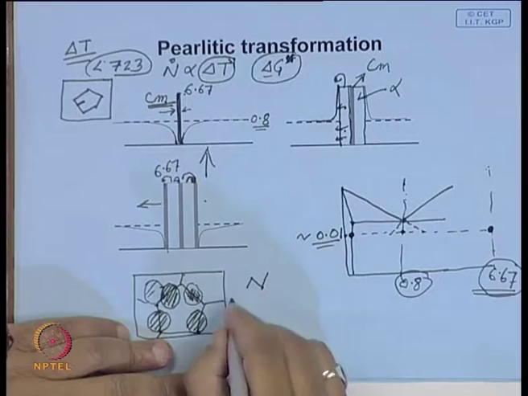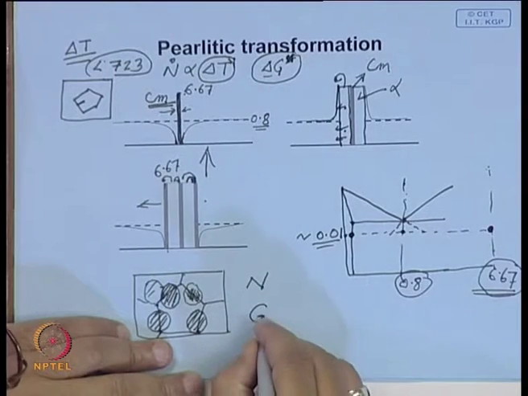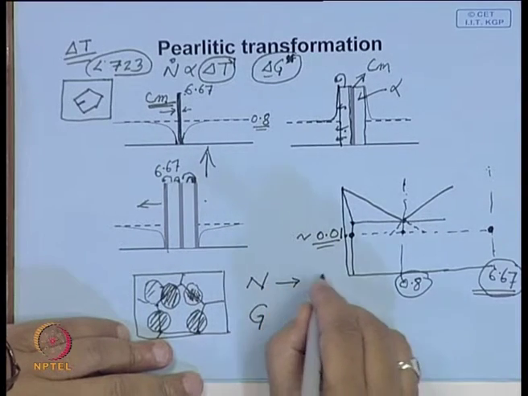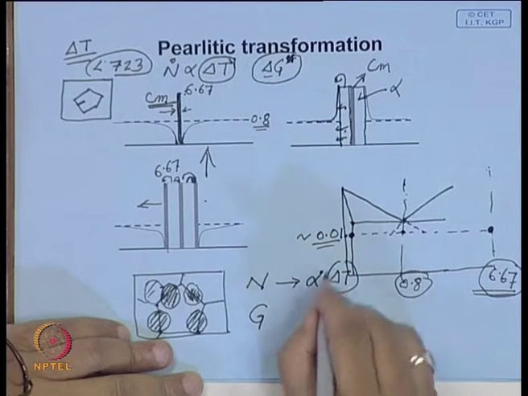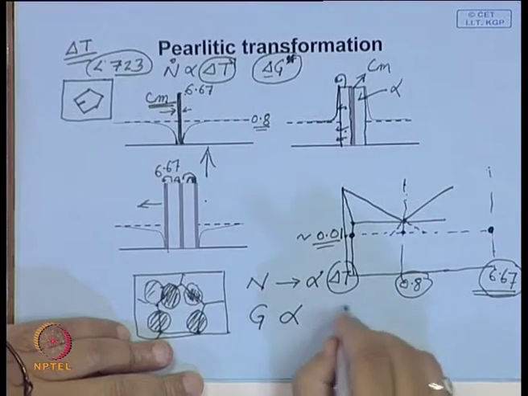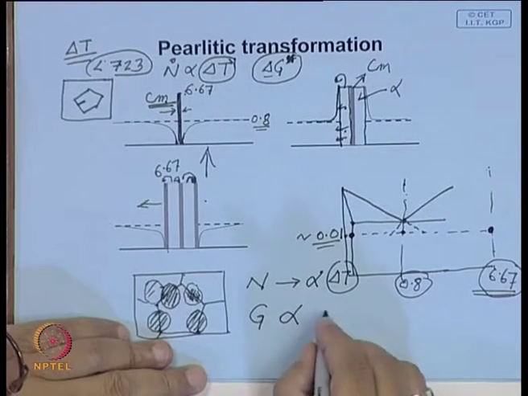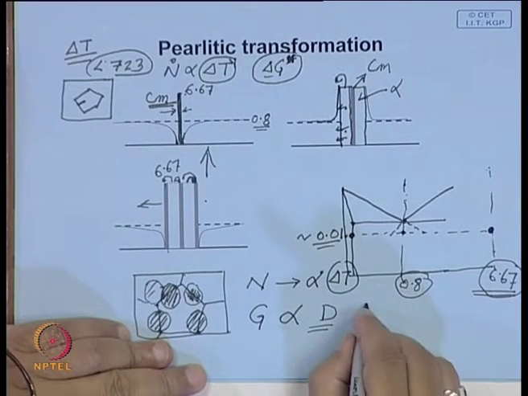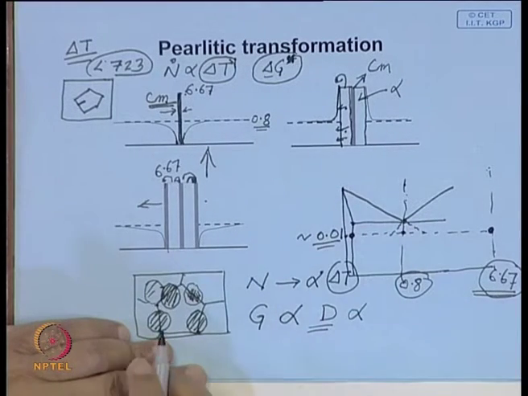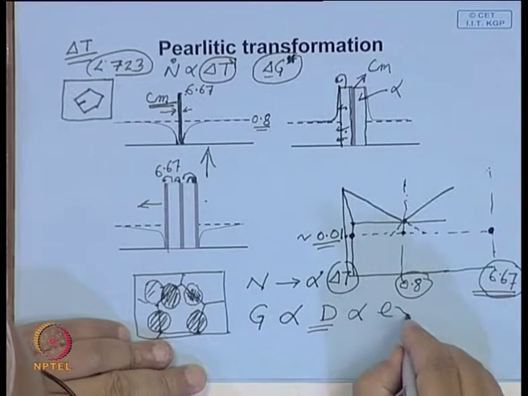So, what we say is that for pearlitic transformation to take place, we have two simultaneous things taking place. One is nucleation, second is growth. Nucleation is proportional to the level of undercooling, and growth is a function of, proportional to, the diffusivity of the carbon atom, and diffusivity we know is a strong function of temperature.